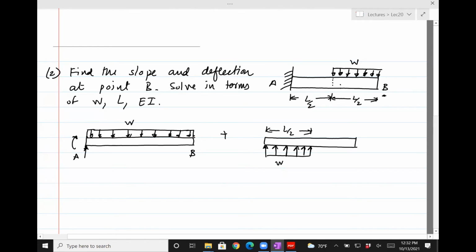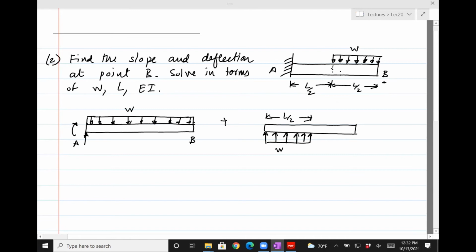Then you would recover the original case, which is a load from midway all the way to the end B. Okay, so my goal is to solve for these two cases and then add them up to get the answer to the problem.